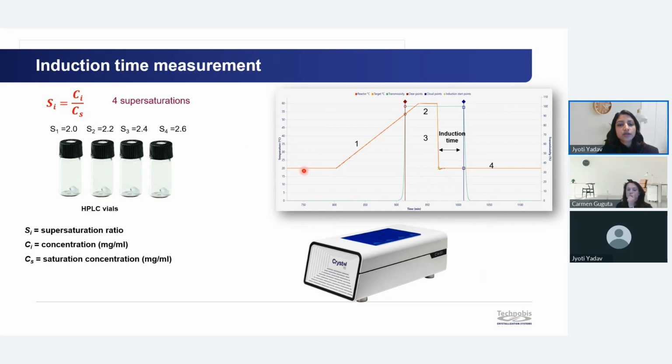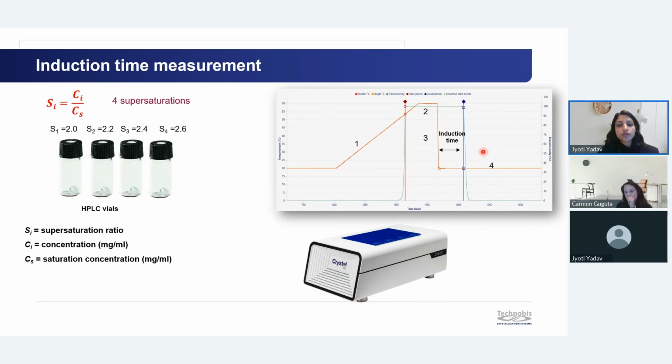For example, if we keep our temperature constant at 20 degrees Celsius, it will be the solubility at 20 degrees Celsius. After preparing 4 samples, we first heat at high temperature and maintain for some time so that everything is dissolved. And then we crash cool at a very fast cooling rate of 20 degrees Celsius per minute, which generates a specific supersaturation. And we maintain that specific supersaturation for a long duration.